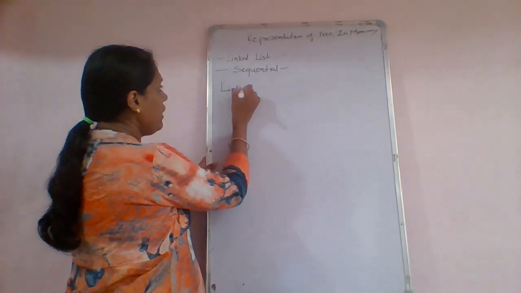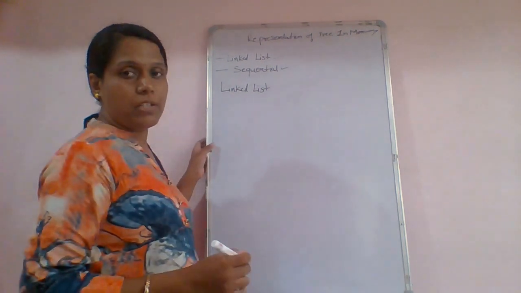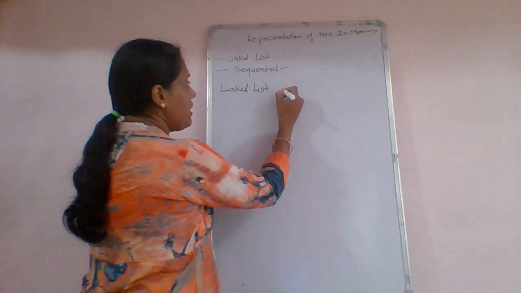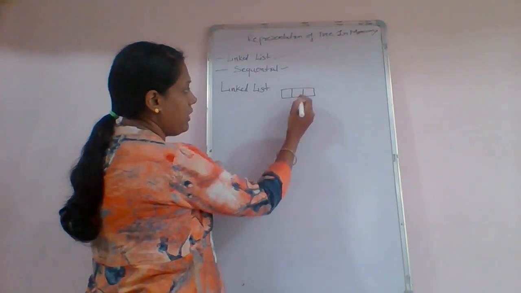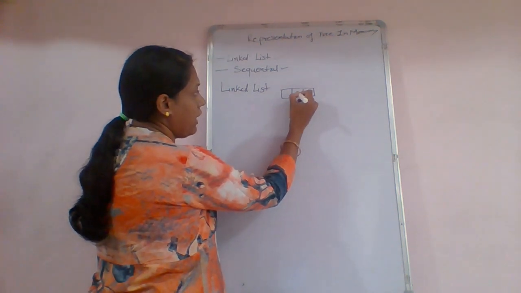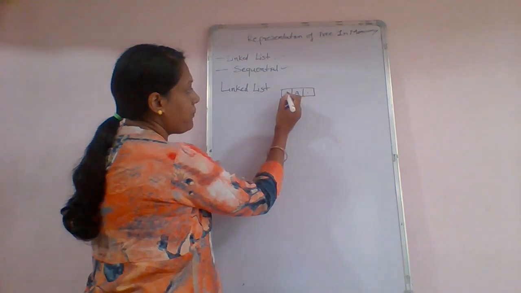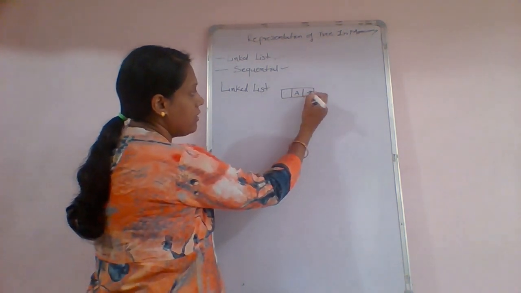So what is a linked list? As we know, a linked list is a list of nodes. Each node consists of three parts, suppose A, this one and this one. A is the info part, then there is the left pointer and this is the right pointer.